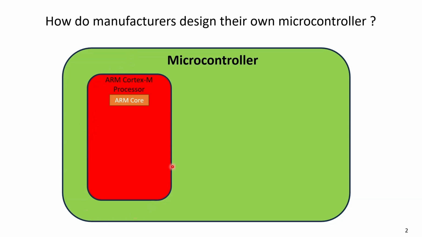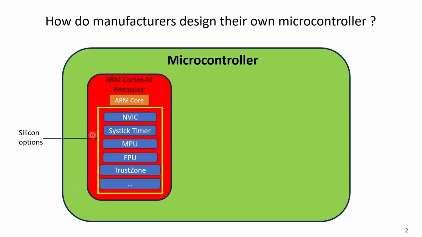This one is the ARM processor, and here is the ARM mainline core. It is written in Verilog language, right? And then they have the ability to choose a custom design by performing architecture changes and adding optimization and further extensions.